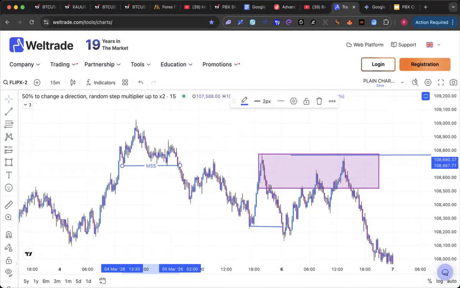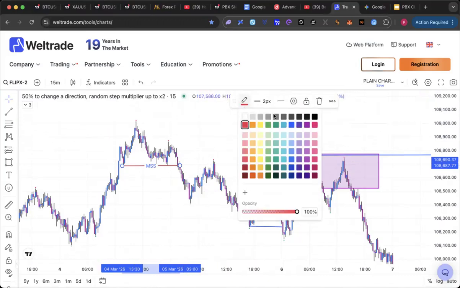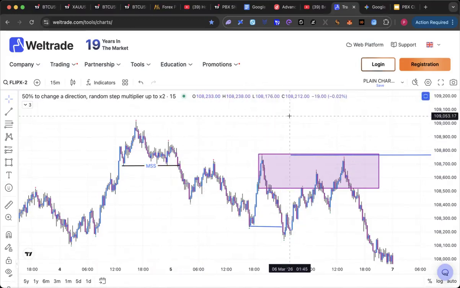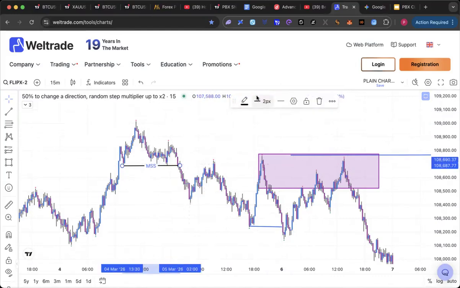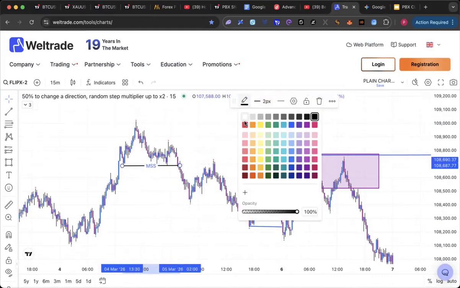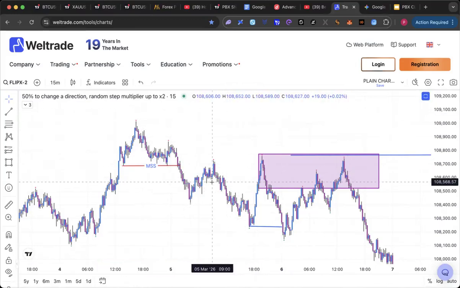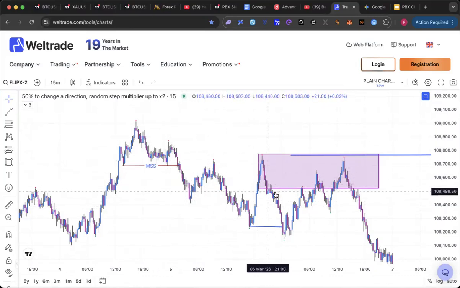So this is market structure shift. Okay, so this is a market structure shift, then return back to the origin.